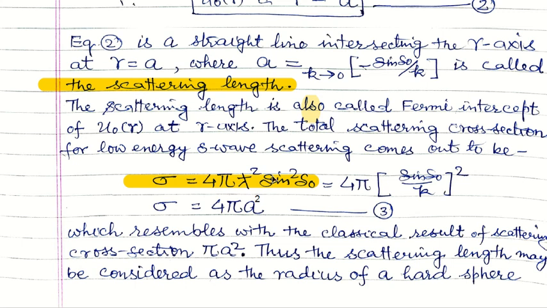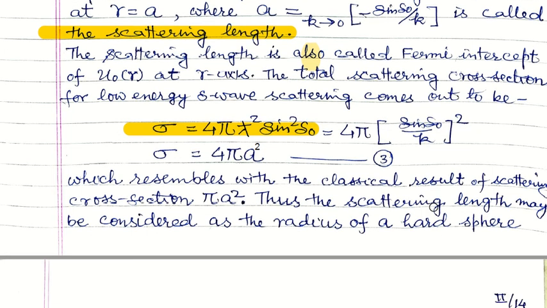So this expression will become 4 pi (sine delta 0 upon k) whole square. If we take the square of this value, minus into minus becomes plus. So this value is a square, the square of the scattering length. So we get sigma is equal to 4 pi a square. This is called the total scattering cross section.